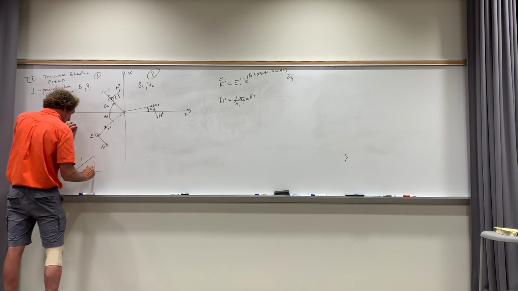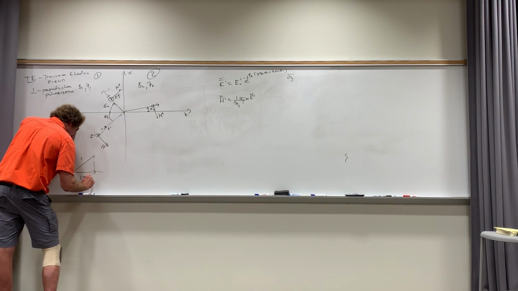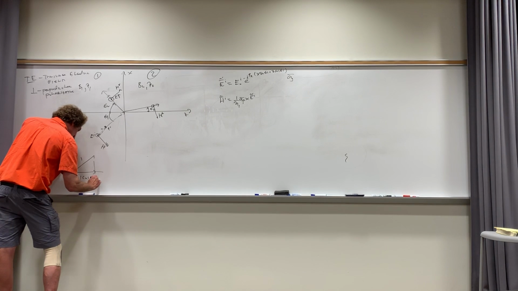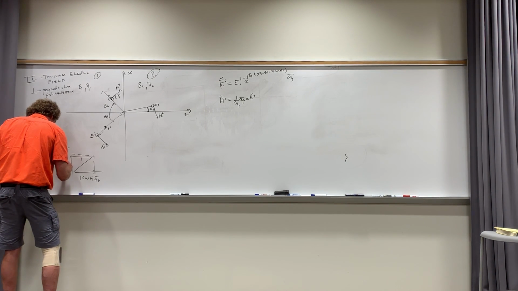On the z-axis, that would be 1 times the cosine of theta incident, AZ, and on the vertical axis, it would be 1 times the sine of theta incident times AX.